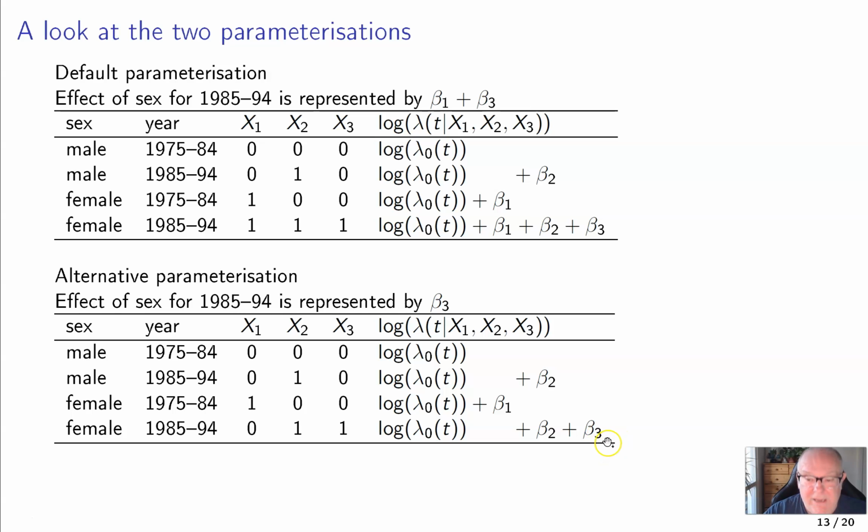So beta 3 now represents the effective sex for the second period. Now, we used our knowledge of how we specify models in R, but you could create 3 variables, x1, x2, x3, which look like this, and you would reproduce the regression output.